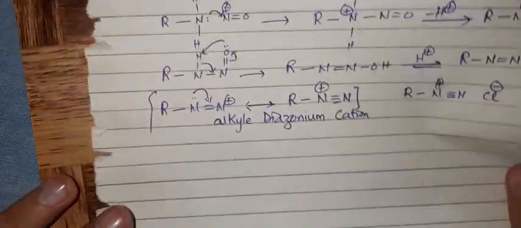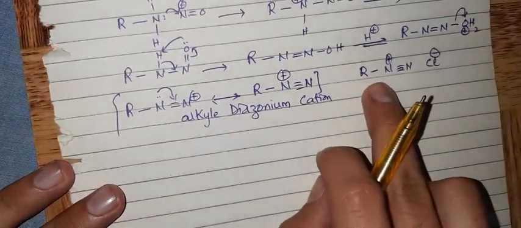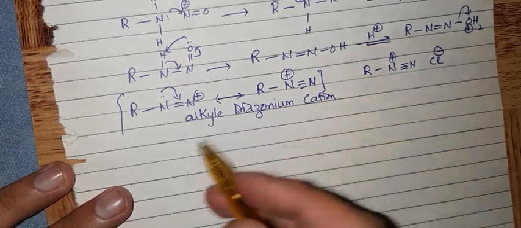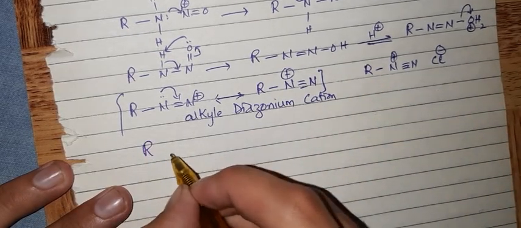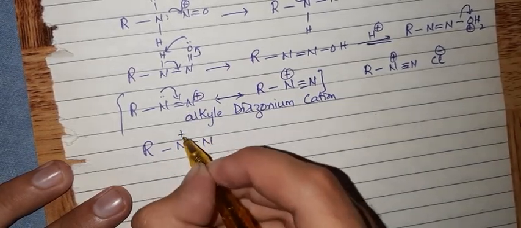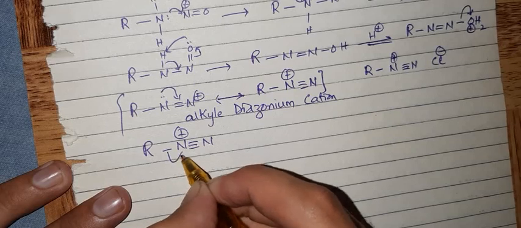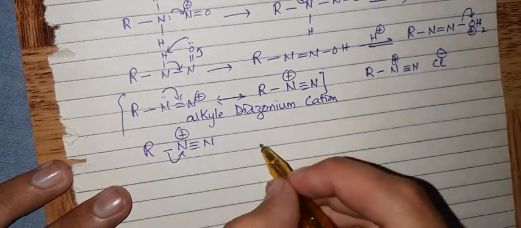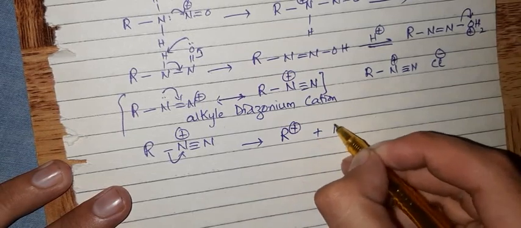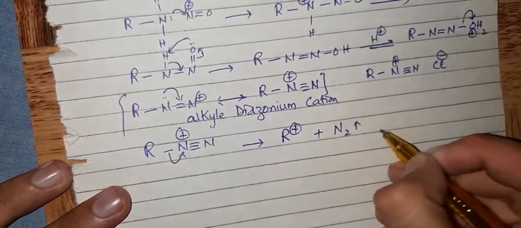Furthermore, this alkyl diazonium cation is unstable, and what could we possibly get? We could get a carbocation. This bond will shift here and will adjust this positive charge, and we will get a carbocation plus nitrogen gas.